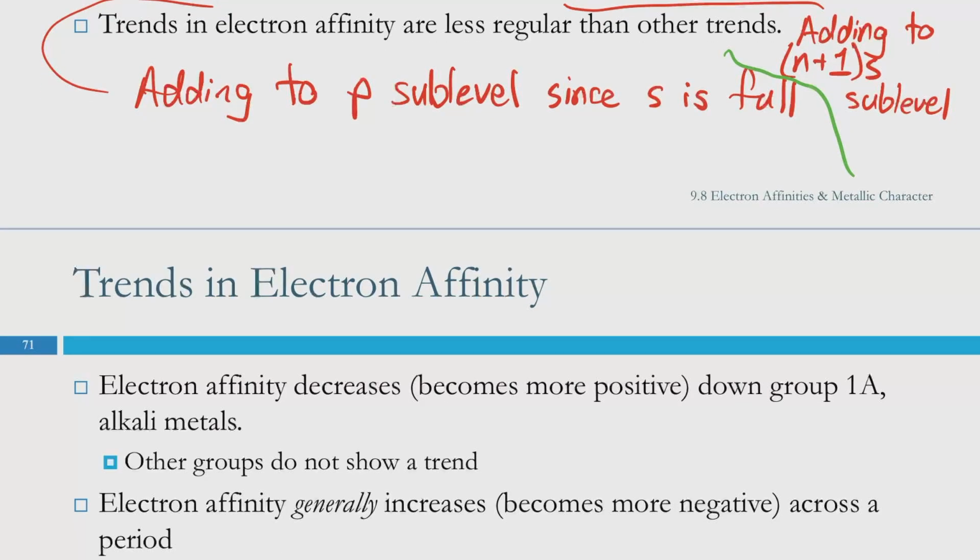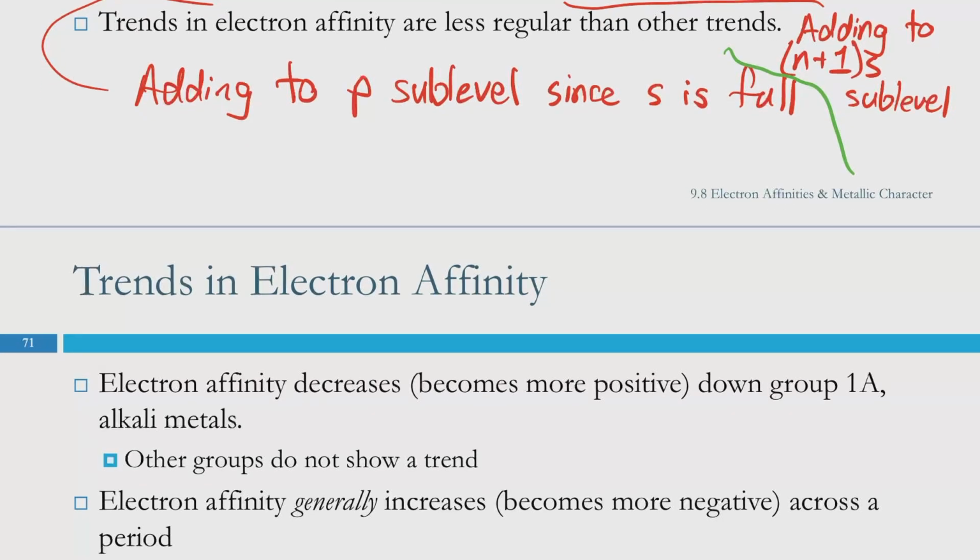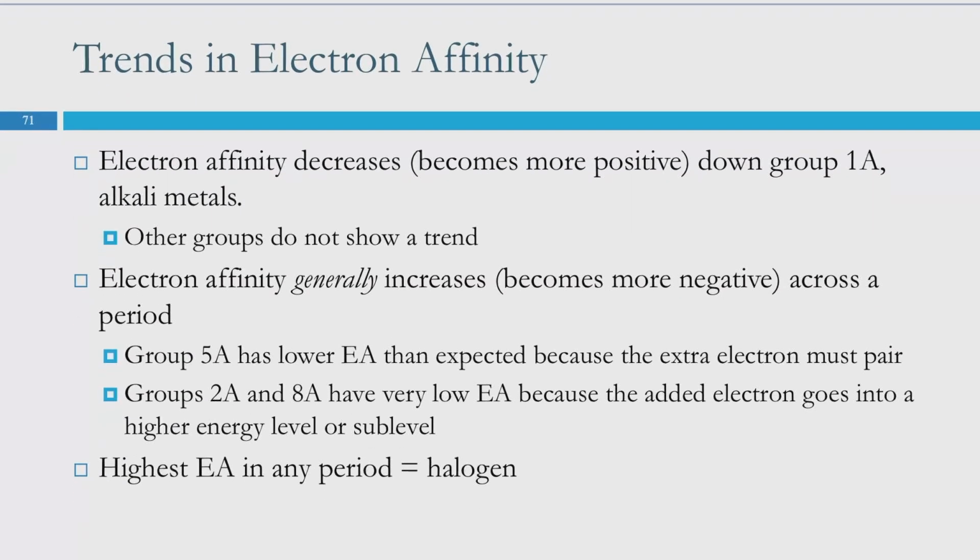Electron affinity, sorry, decreases, becomes more positive. You put more energy in as you go down the group.